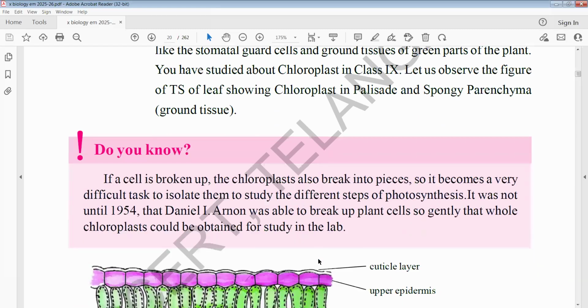Note this: if a cell is broken up, the chloroplast breaks into pieces, so it becomes a very difficult task to isolate them to study the different steps of photosynthesis.